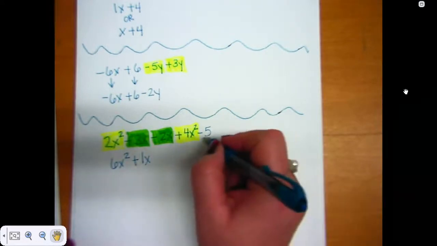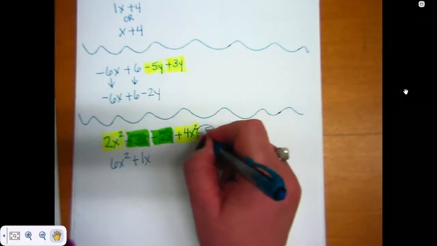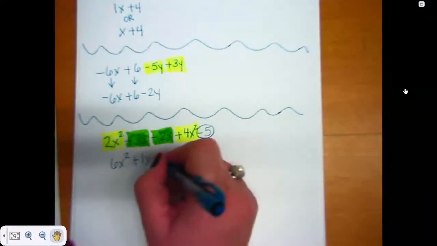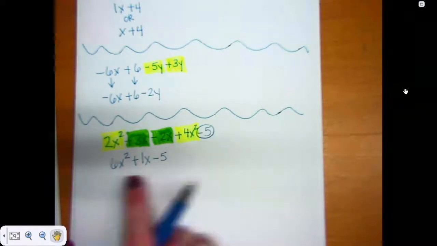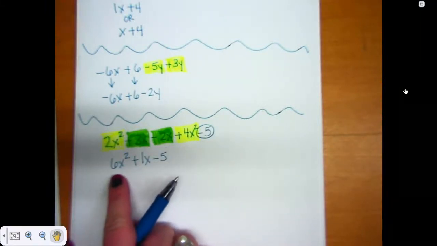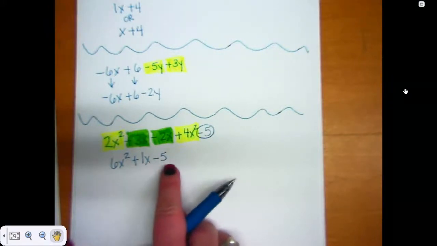And I see that I have no other like terms, but I can't forget this negative 5, so I bring it down. So this expression simplified is 6x squared plus 1x minus 5.